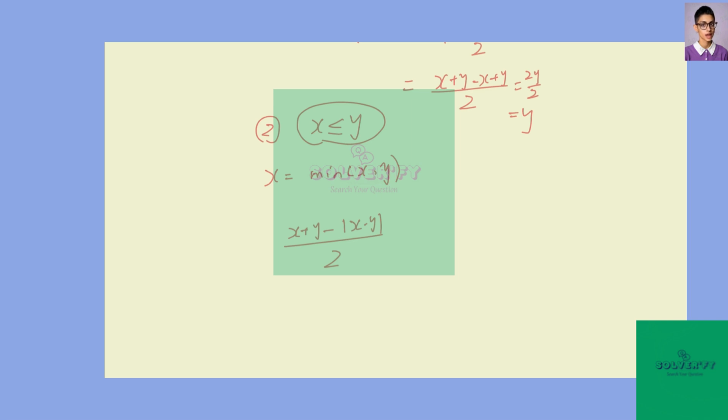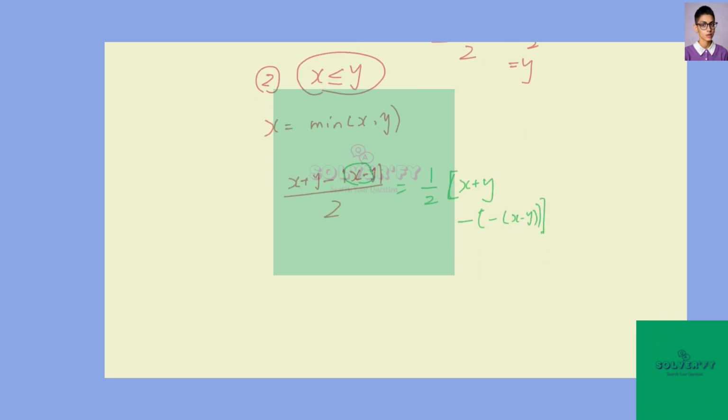Now x is less or equal to y. That means this term is negative. So to kill the absolute value sign, we need to add a minus sign at the very first. That means it will be equal to 1 over 2 at the very beginning, x plus y minus, x minus y, because we just want to kill the absolute value.